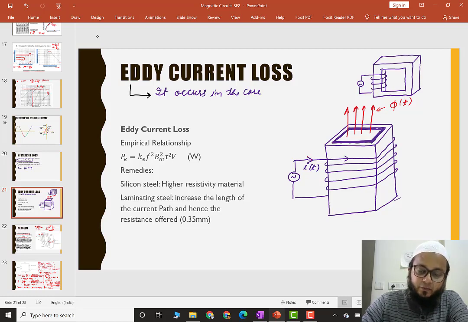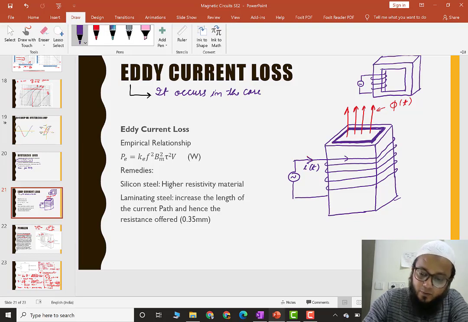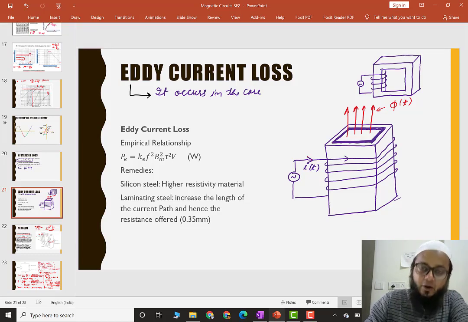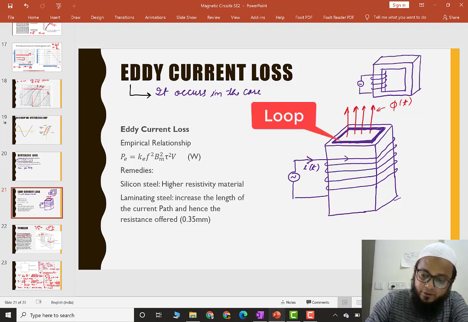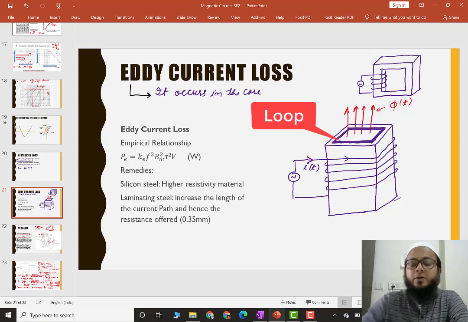If we consider one loop, obviously this entire block is a solid one, but I'm considering one proper loop of it. You can think of it that this loop will experience a change in magnetic field.